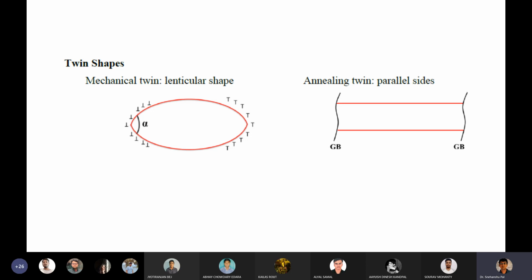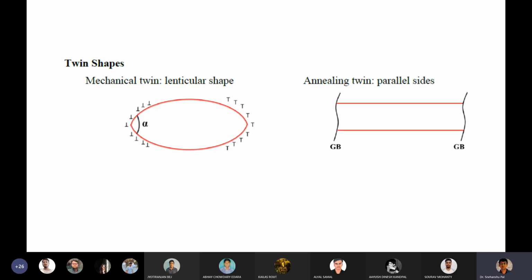The orientation of planes does not change following slip on the planes, but it does due to twinning. In the case of twinning, the orientation of the plane can change. Already we have discussed that. And twin markings can be distinguished from slip lines by repolishing the surface and etching.